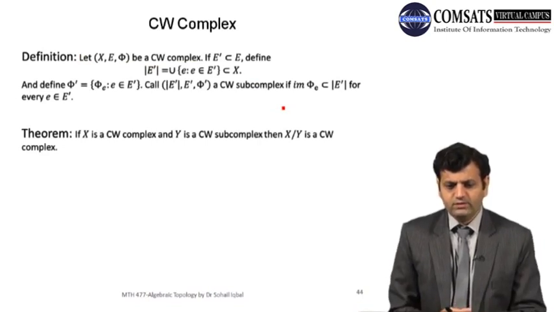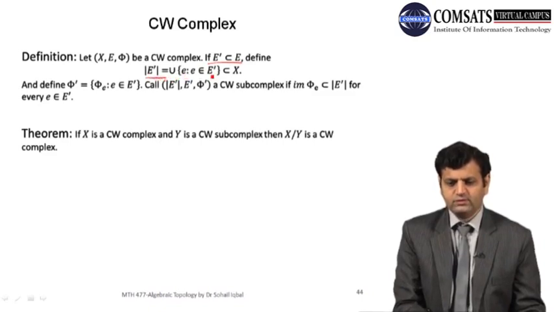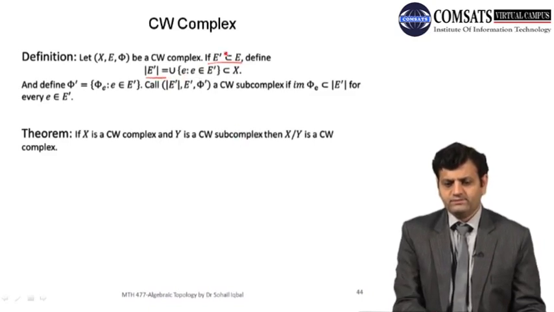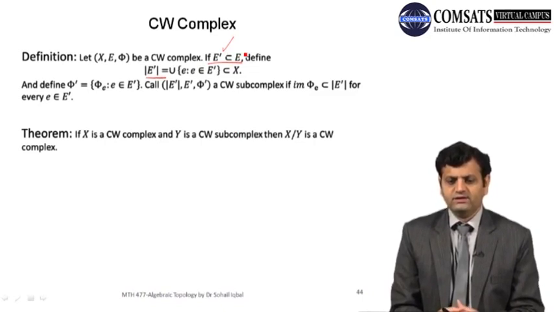If we have a CW complex and consider a subset E prime of E, define the space E prime mod to be the union of these cells. Basically, we take a subset of the collection of cells and then take the underlying topological space of these cells, that is, their union.